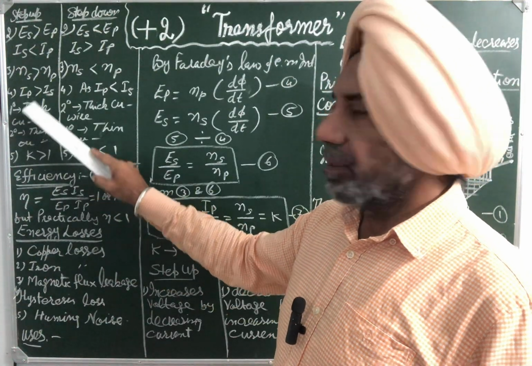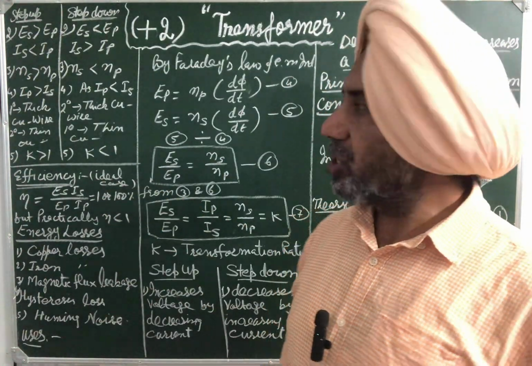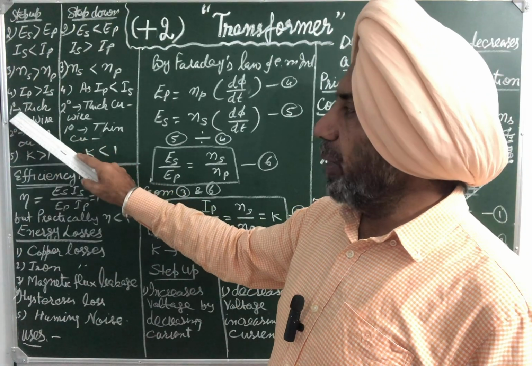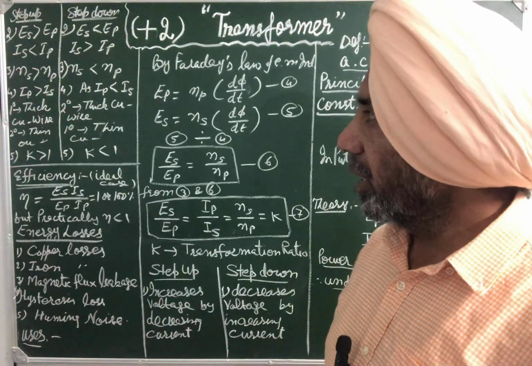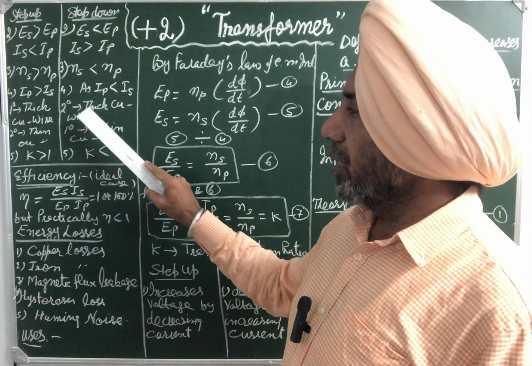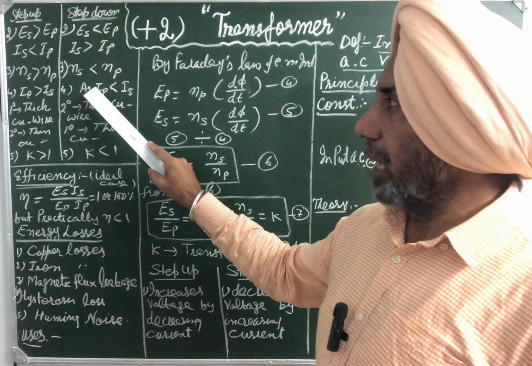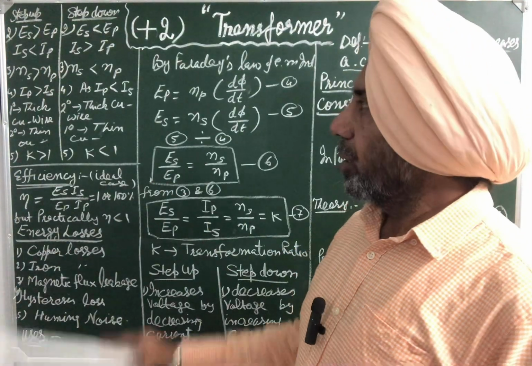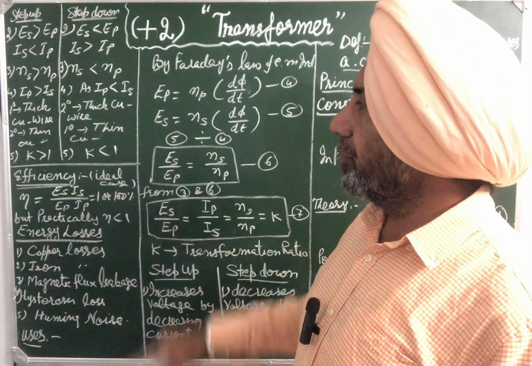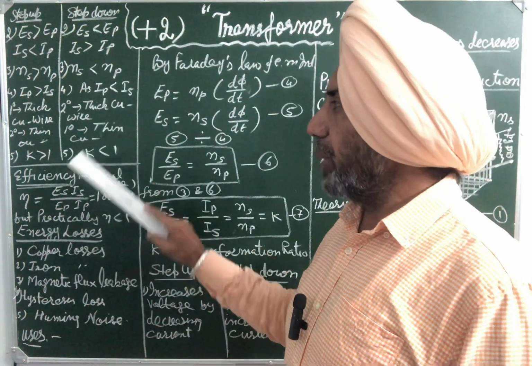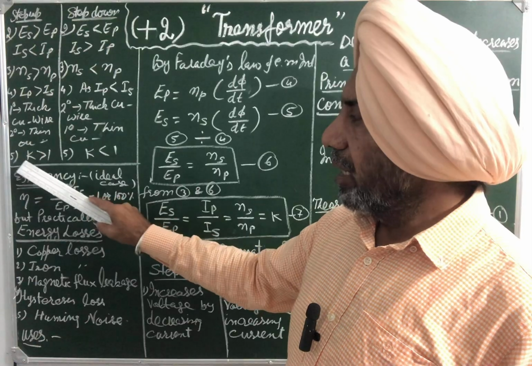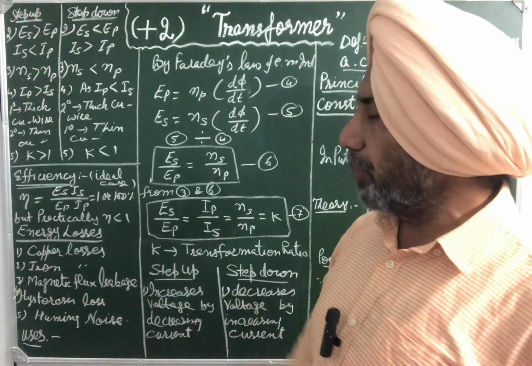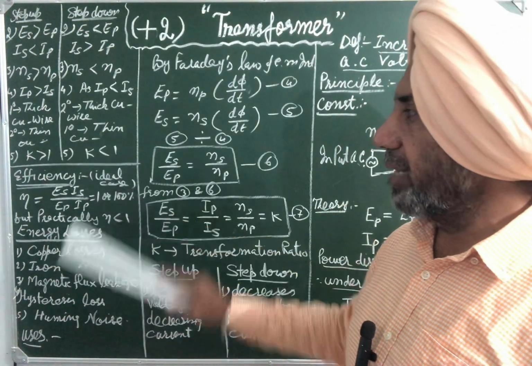So to avoid heat loss, the primary is made of thick copper wire and the secondary of thin copper wire. In the case of step down, the reverse is the case because I_P is less than I_S, so the secondary is made of thick copper wire and the primary of thin copper wire. Fifth point of difference: the transformation ratio K is greater than 1 for step up, and for step down K is less than 1.